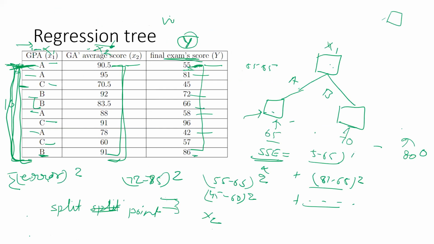Sir, in this X2, in this case, we will get 20 SSEs, right? How? 10 only. Because for every point, I'll have two, greater than and less than. But the overall SSE is going to be 1, right? Yes, I'll add them up and it'll be 1.